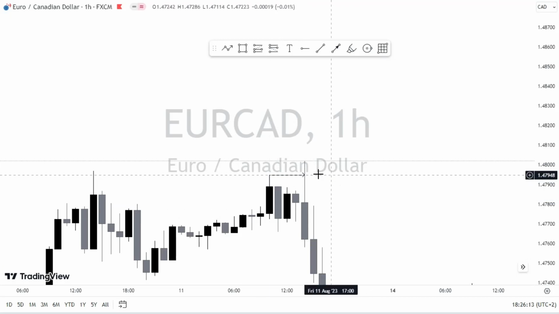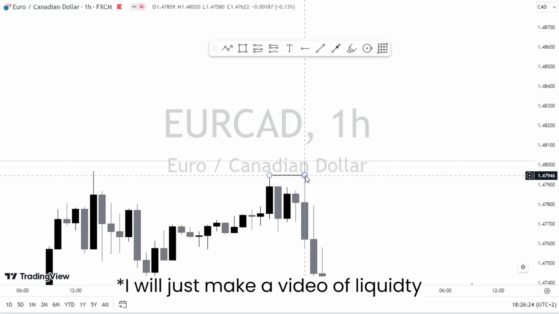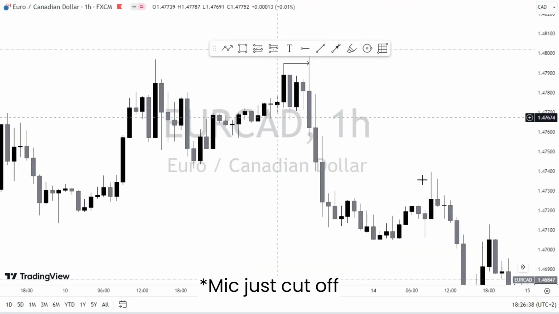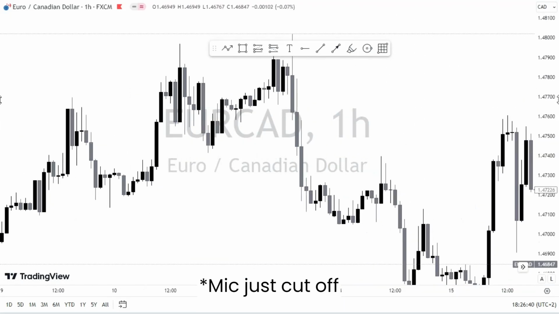Understand? Liquidity basically means money, where people are putting their stop losses. I'm going to make a video on how to identify liquidity, but now we're only going to show you why we use wicks to identify liquidity. So as this wick does that, it means the market has grabbed liquidity.